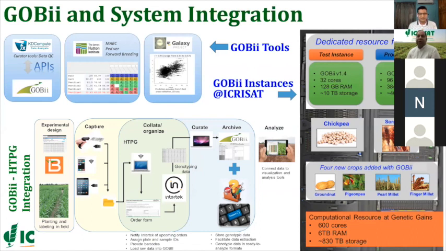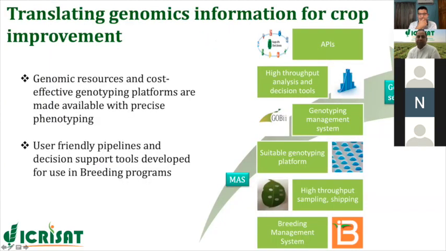So the overall idea was that GOBii contributes to address the concerns and provide a solution to the breeder. They should not be handling Excel files. From ICRISAT, the major focus was chickpea and sorghum, but now new crops, other mandated crops like groundnut, pigeonpea, and pearl millet are also being added. So these are some of the resources that ICRISAT is putting into GOBii.